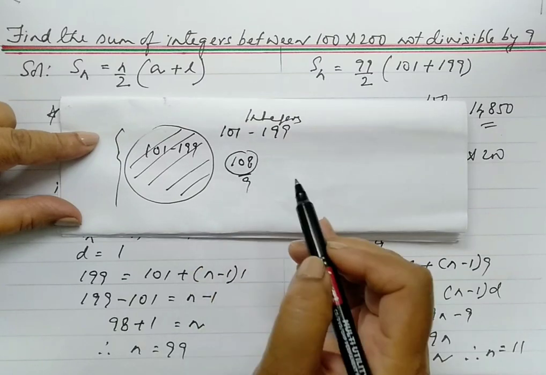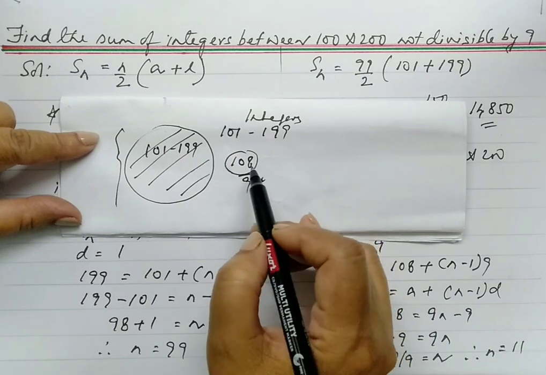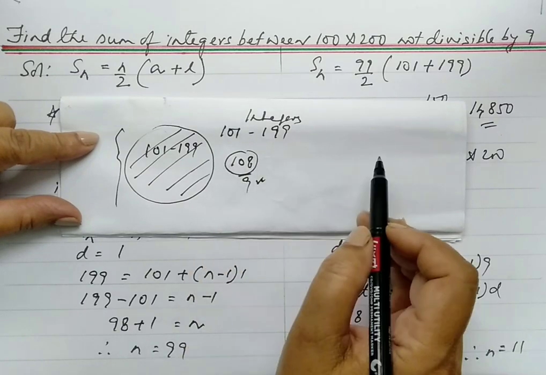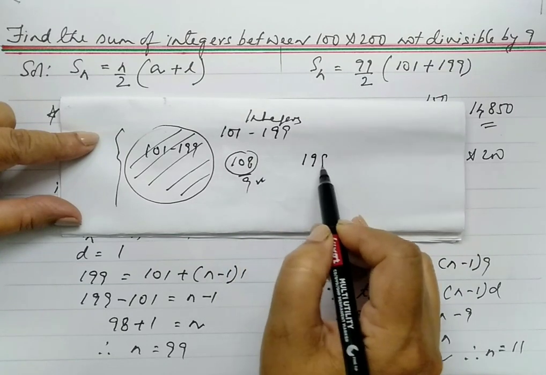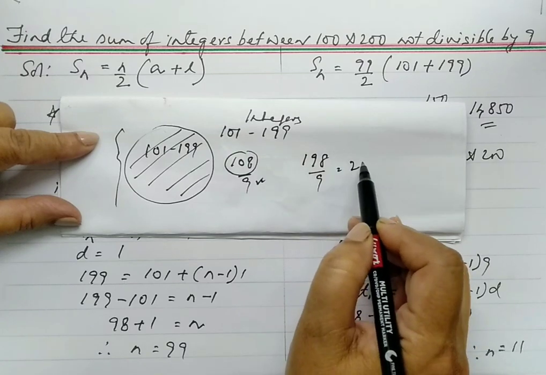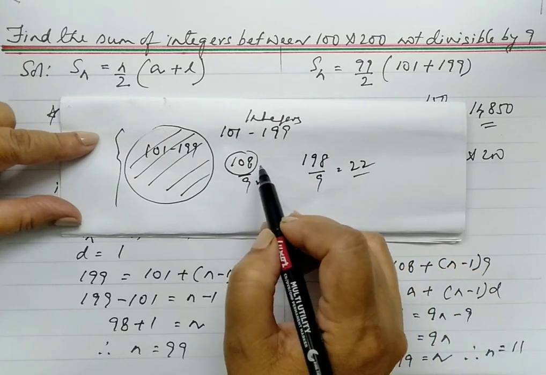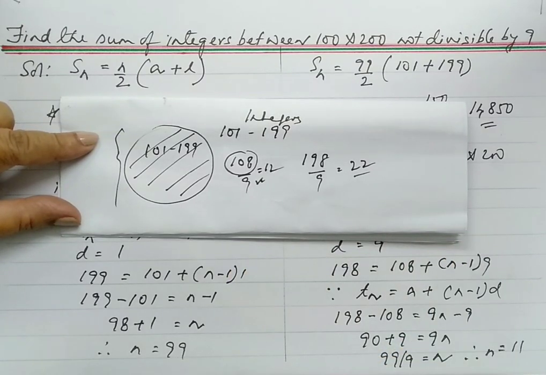Which means 108 is a multiple of 9, which is the smallest in this sequence. What about the largest? Can we think of 198? Can we divide this by 9? Of course we can, 22 times. And this one 12 times. Got it?